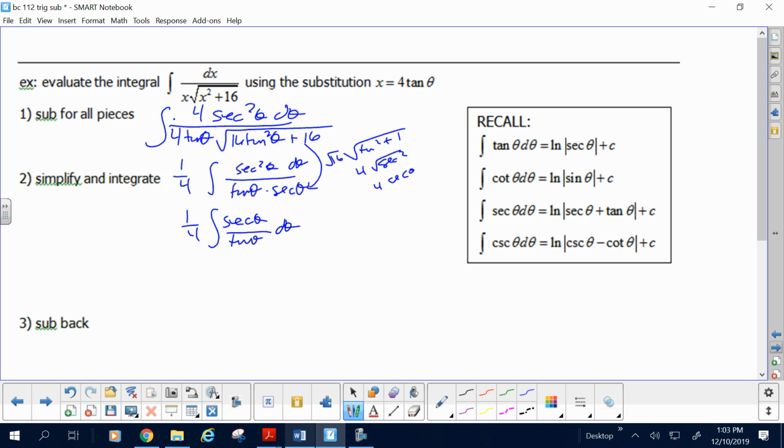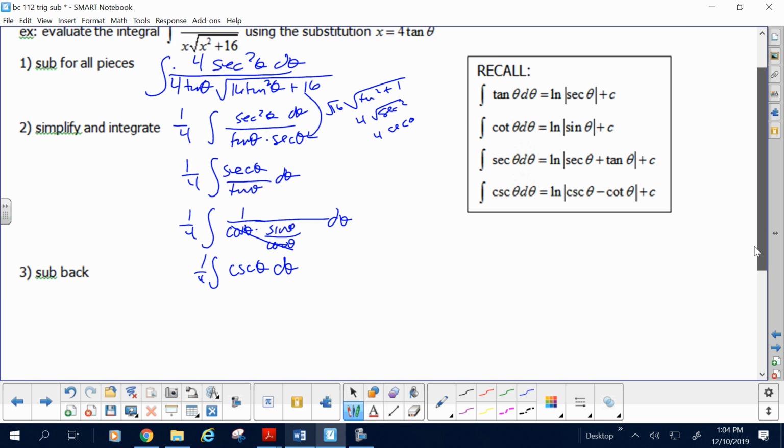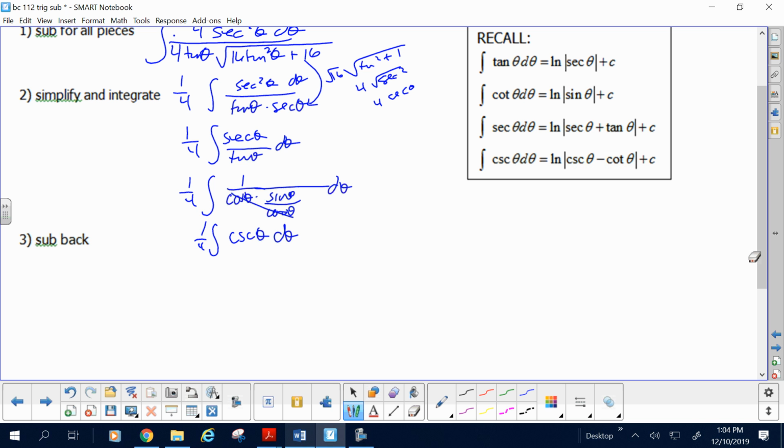Sines and cosines. I like sines and cosines. Wouldn't you say that secant is 1 over cosine, and tangent is sine over cosine in the denominator? So cleaned up, isn't this cosecant? All that identity work has a point. 1/4 cosecant.